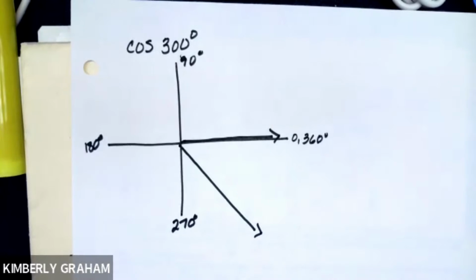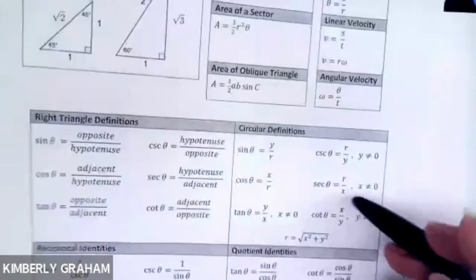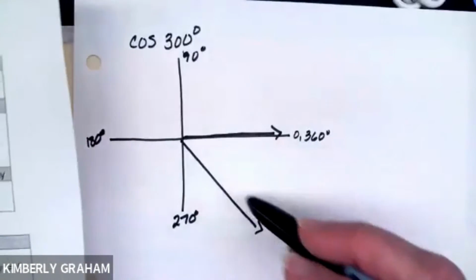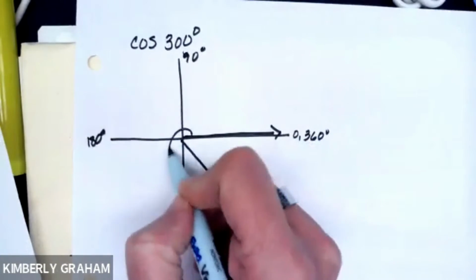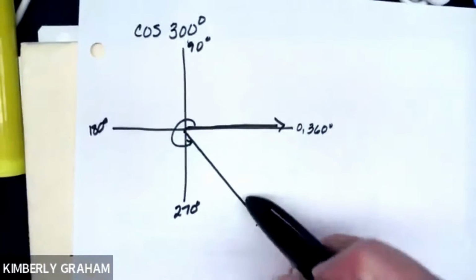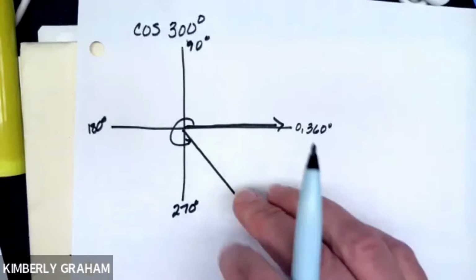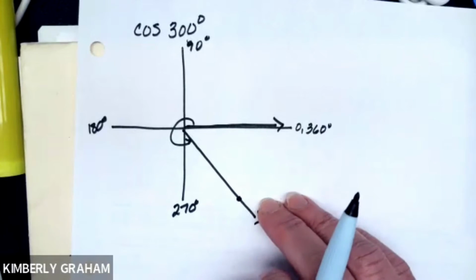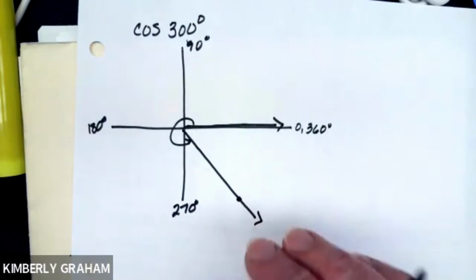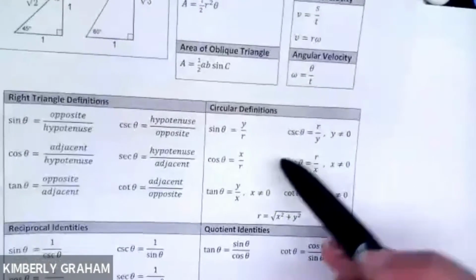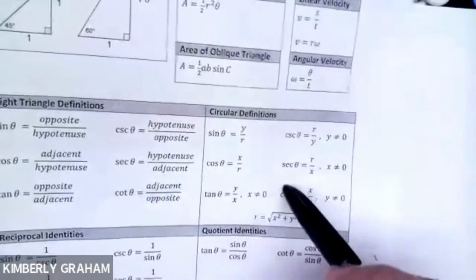By what I've learned so far, I know that if I can find a point on the terminal side of this angle, then I can use my circular definitions.